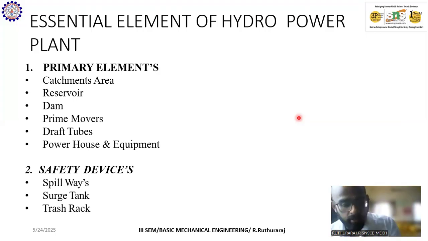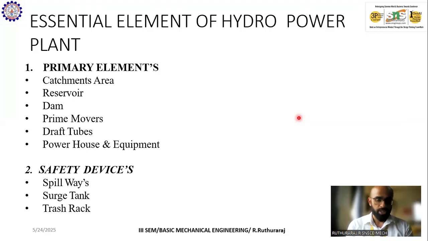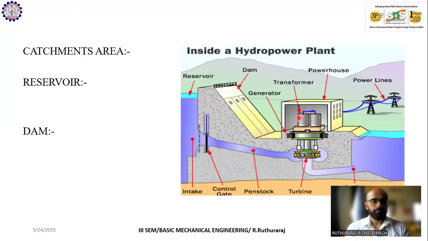So to prevent this, these safety equipments are available. Trash rack is nothing but a grill setup to prevent any wood or any particles from entering the penstock. Penstock is actually the tube through which the water will be flowing. So to prevent that, we are using the trash rack.